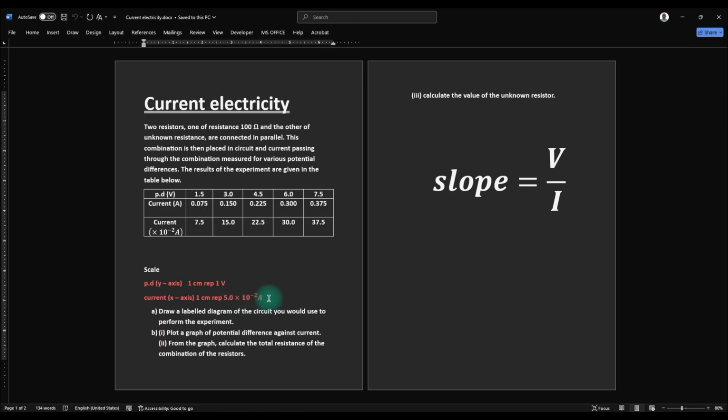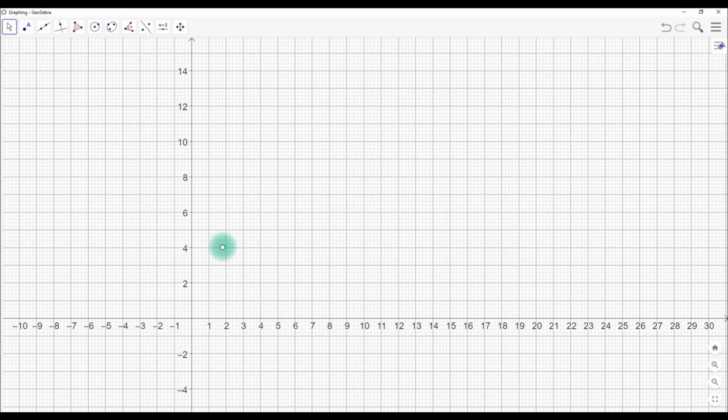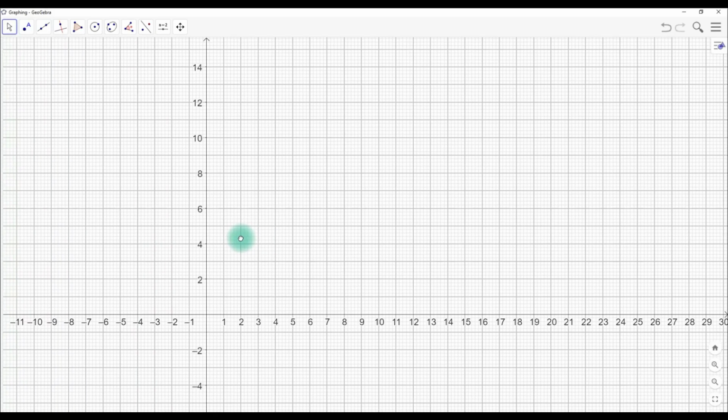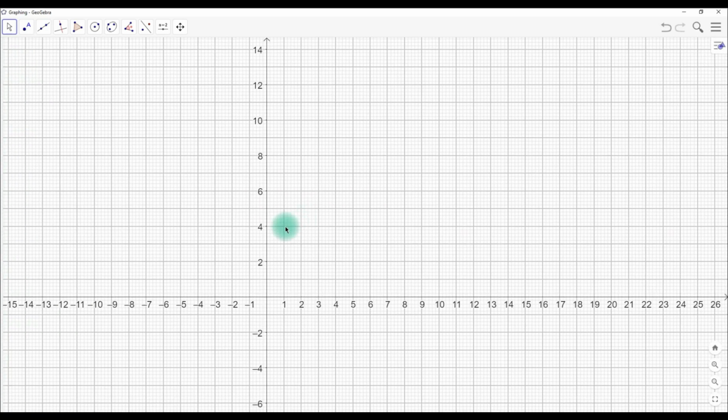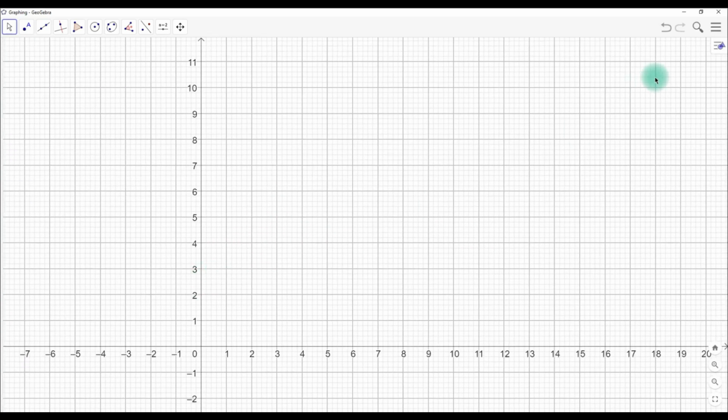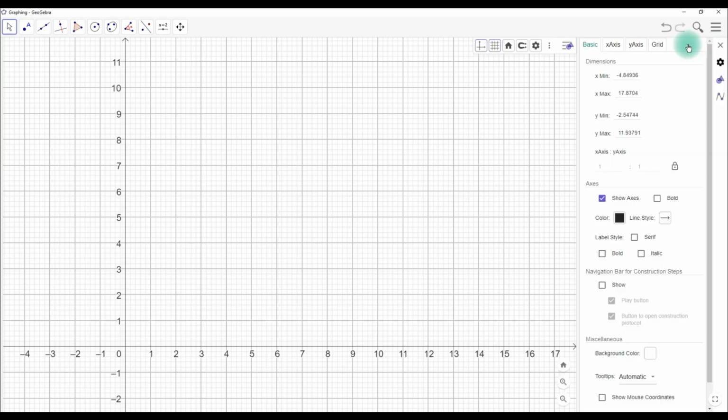Note that when I'm drawing in that software for the x-axis, I'll input this value, but I'll put times 10 power negative 2 in brackets, so that every value will be multiplied by 10 power negative 2. So let us begin and set everything in order. I just need the positive values of the axes. I go to the icon on the toolbar and click on settings.